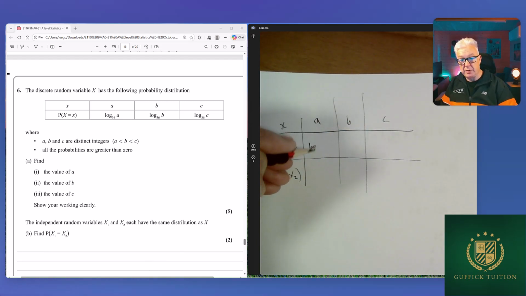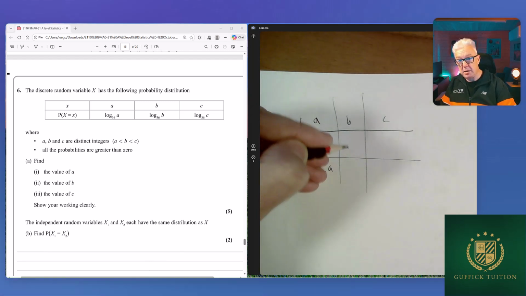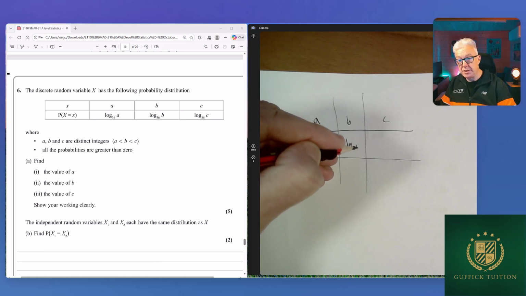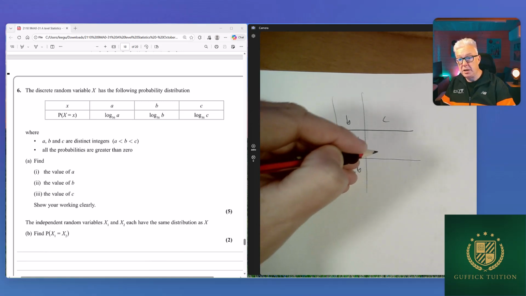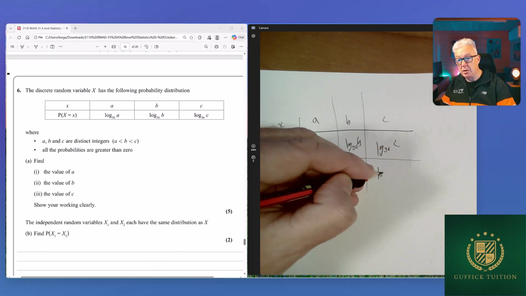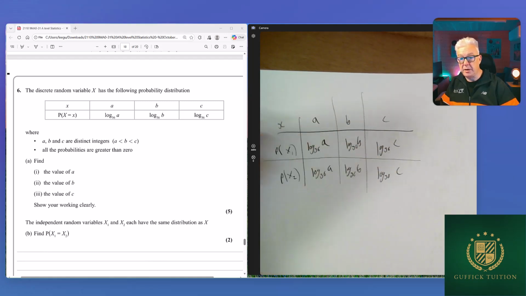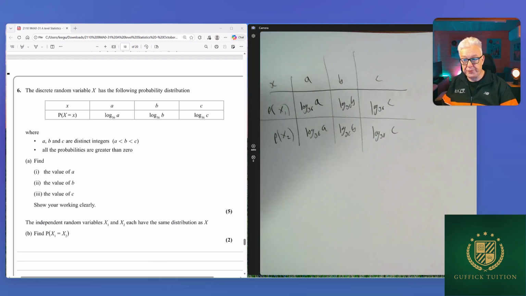So therefore we have log 36 a, log 36 a, log 36 b, log 36 b, log 36 c, log 36 c. There we go. So there's a table representation of x1 and x2.